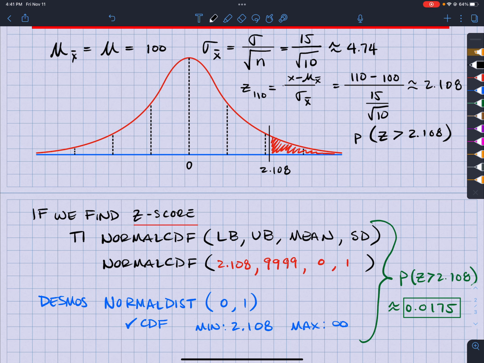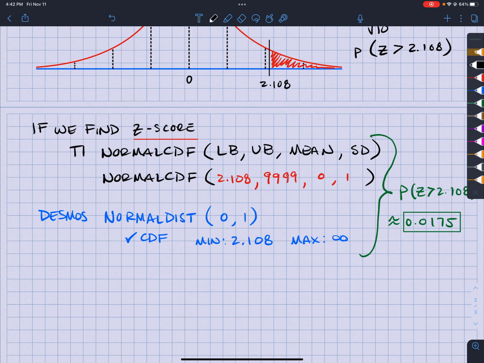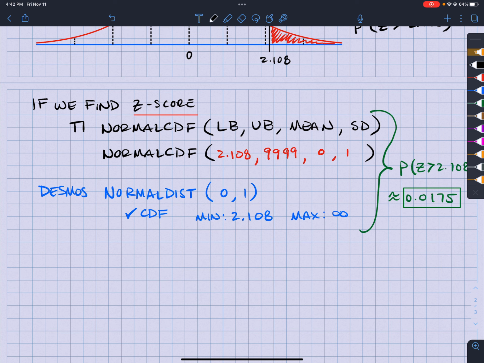However, if you decide not to do a Z-score, let's say on the exam, and you're going directly to the probability of it being greater than 110, you could use mu of x bar and sigma x bar, with no Z-score.